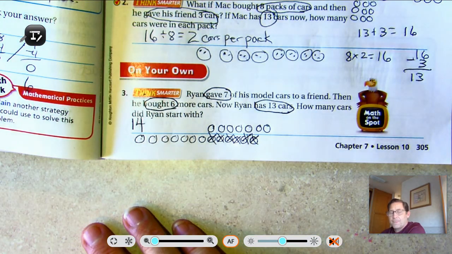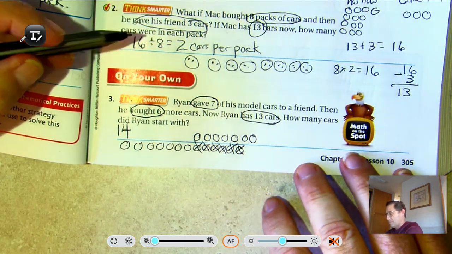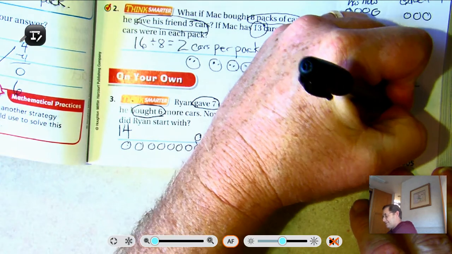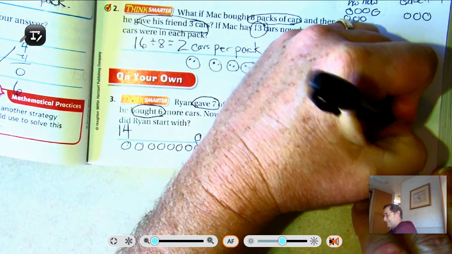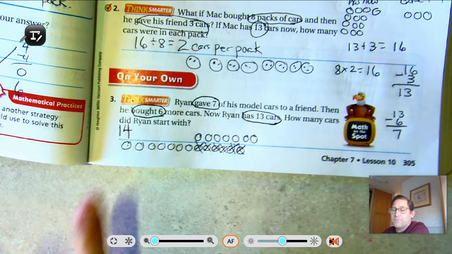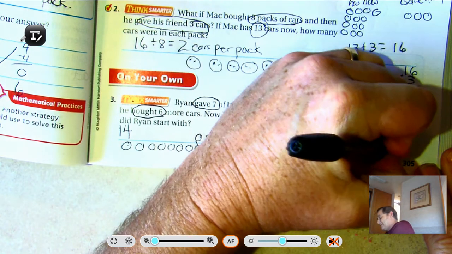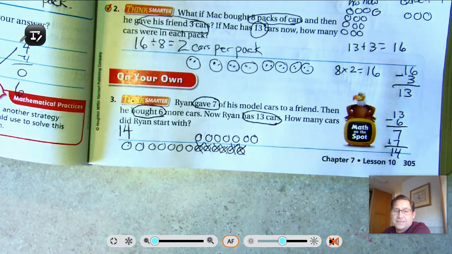Okay, so let's see if that makes sense. So 13 take away 6. He had 7 cars before he bought 6. We have to add back the 7 cars he gave away.